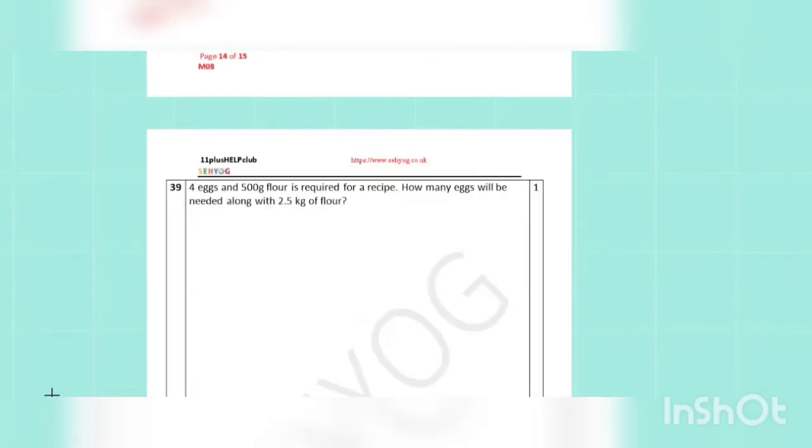In question number 39, 4 eggs and 500 gram flour is required for a recipe. How many eggs are needed for 2.5 kg of flour? So 2.5 kg means 2.5 times 1000, which is 2500 gram. With every 4 eggs, we need 500 gram.